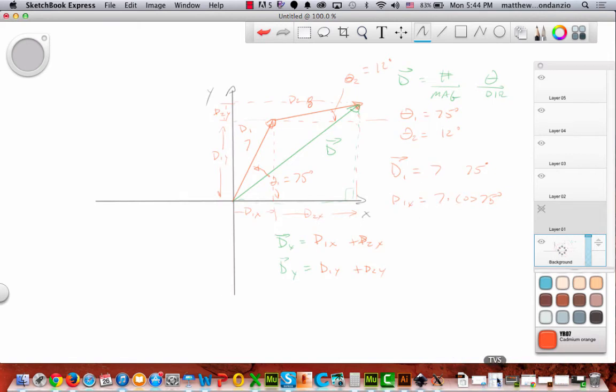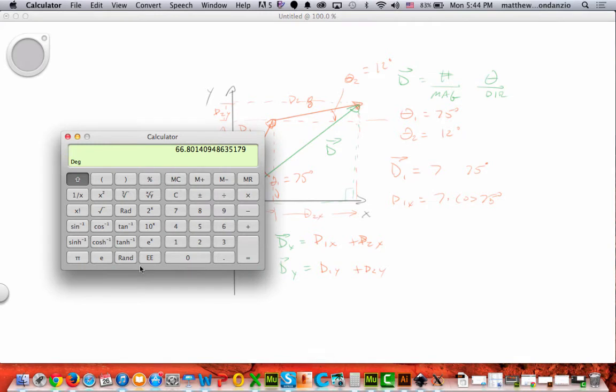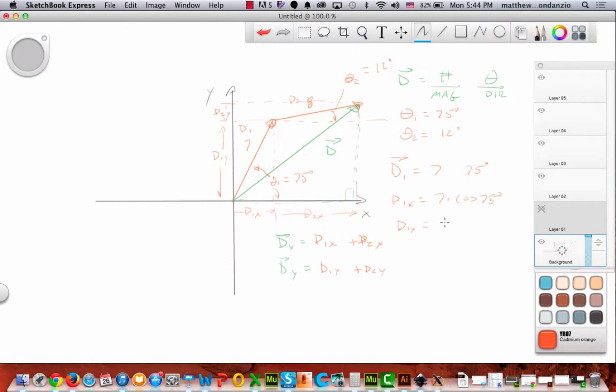So I'll come over to here and get my calculator. So 75 degrees, cosine, times 7 equals, again, it's like a percentage, right? The number was 1.81. So d1x is equal to 1.81, whatever our units are. Our d1y is equal to 7 times the sine of 75 degrees.